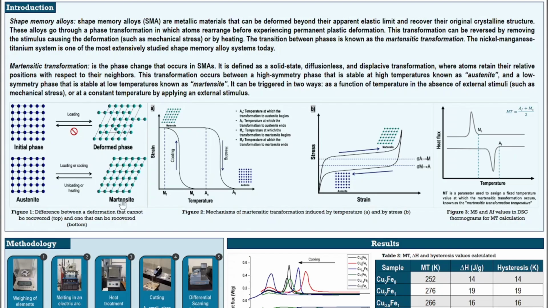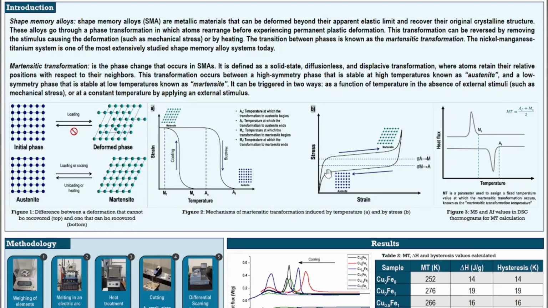It happens between a high symmetry phase, stable at high temperature, known as austenite, and a low symmetry phase, stable at low temperature, known as martensite, and it can occur either by changing the temperature or at constant temperature, but by applying some stimulus, maybe stress, as we already saw.